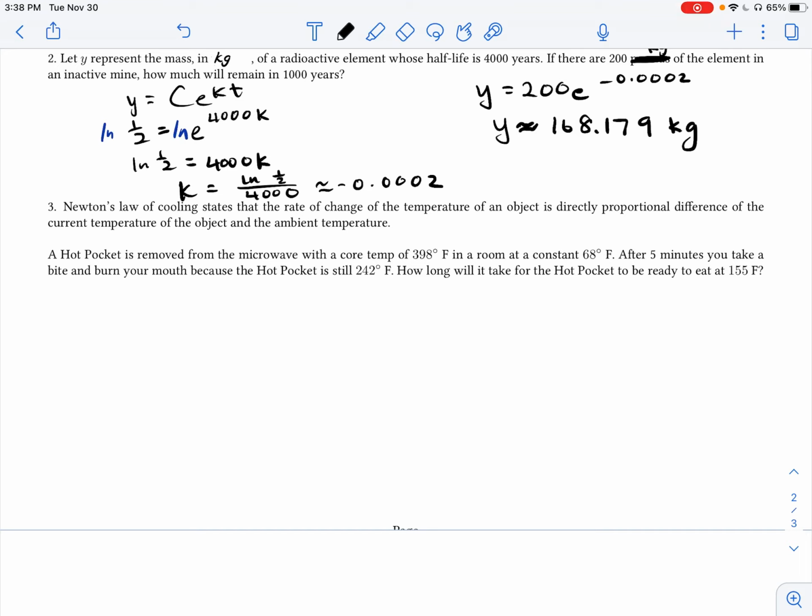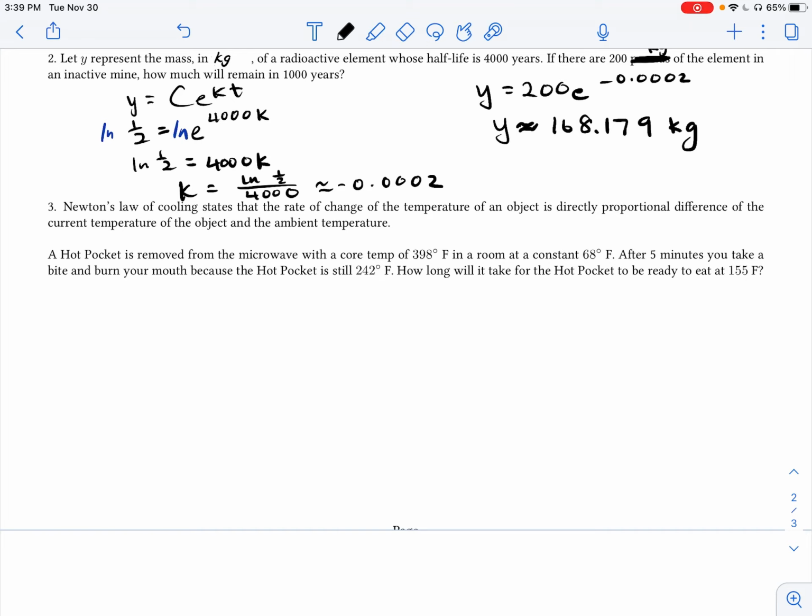And the rate at which that pie would cool is directly proportional to the difference in temperatures between the pie and wherever it is. So if you have a hot pocket removed from the microwave at a core temperature of 398 degrees in a room that has a room temperature of 68 degrees, after 5 minutes, you take a bite, you burn your mouth because the hot pocket is still 242 degrees, which is incredibly hot, right?